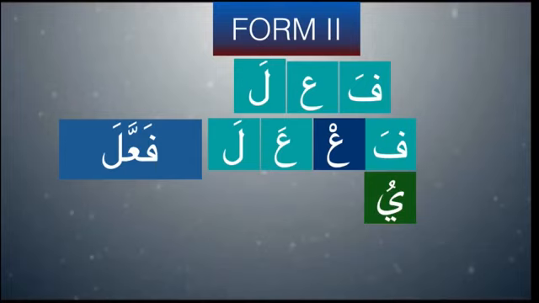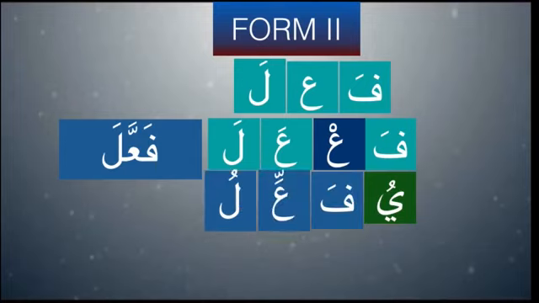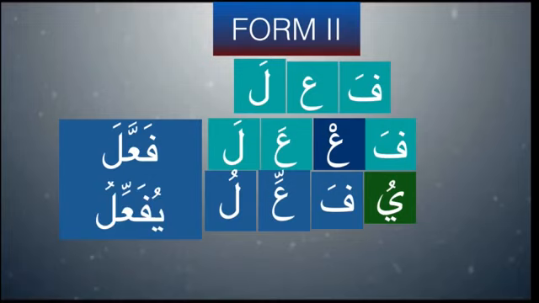And the mudari', we know it begins with a dhamma, is yufa''ilu. So the ain kalima will get a kasra, and the lam kalima will have a dhamma in the marfu form. It will be mansub and majzoom appropriately. So yufa''ilu is your mudari'.